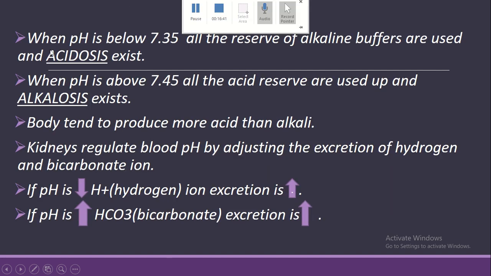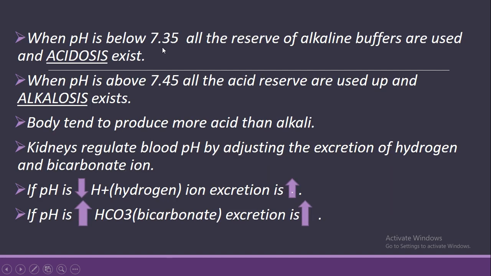Okay, so when the pH is below 7.35, all the reserves of alkaline buffers are used and acidosis exists. The explanation is, when the pH is below 7.35, it is called an acidic solution.